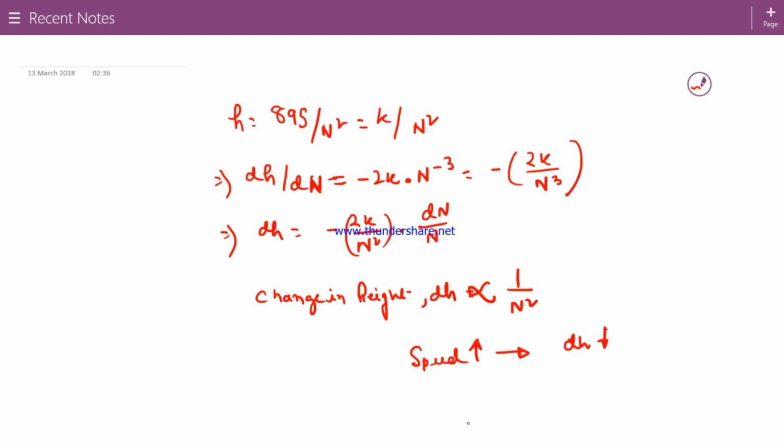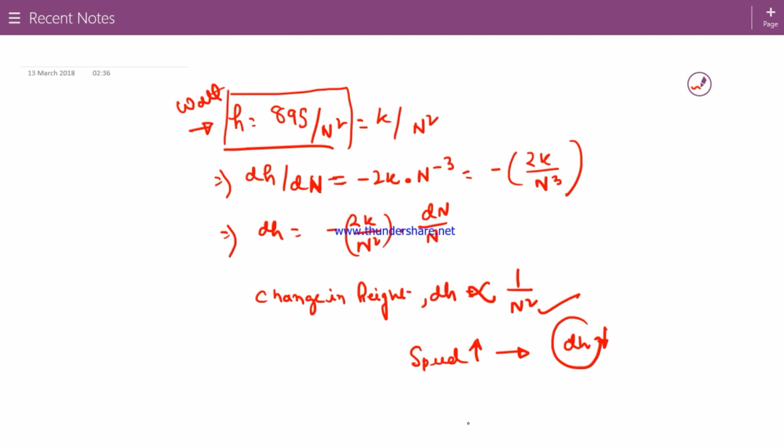So we can see one fact: this is the equation of the Watt governor, and we are differentiating it. After differentiating, we see that whenever we increase the speed of the governor, the change in height is inversely proportional to the square. So when there is a reduction of load and the speed of the governor increases, there should be a considerable amount of dh.